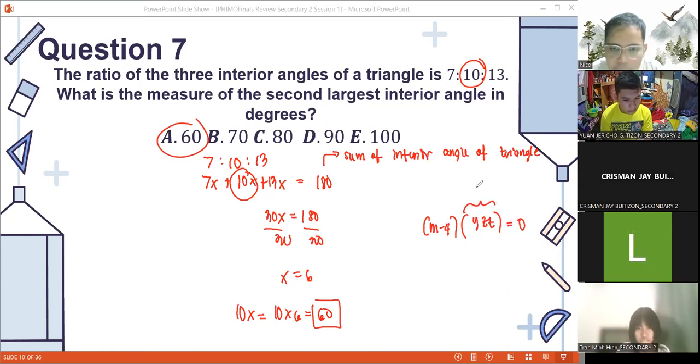So let's equate this one to y, and then this one is any number. So let's say it's 5y is equal to 0. You can just simplify it by having y is equal to 0, right? You can remove 5. Or if it's 3y is equal to 0, you can still cancel, because that is over 3, right? Since it is written there that m minus 4 is not 0, you can just simply cancel it already.